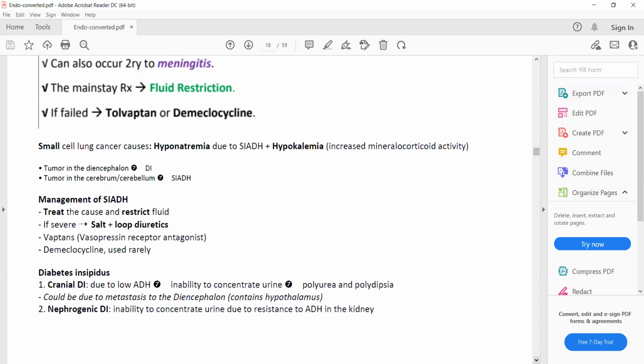So stepwise management of SIADH is restriction of fluid, salt plus loop diuretics, and the definitive management is to oppose the action of ADH. We will give ADH antagonists such as tolvaptan or demeclocycline.